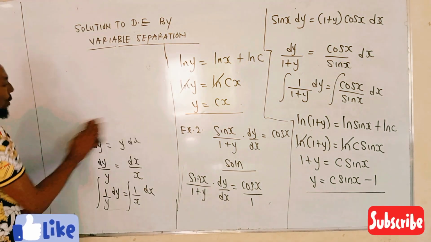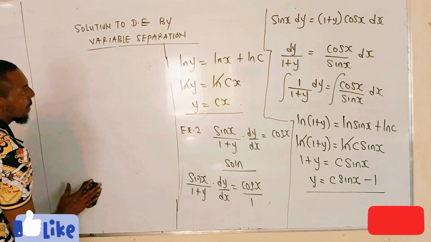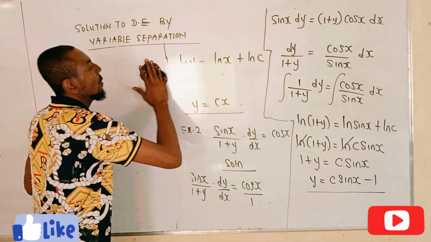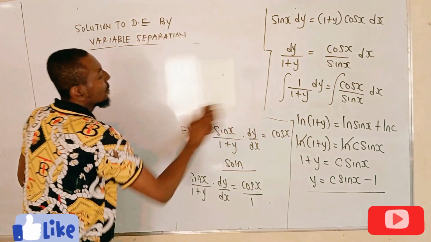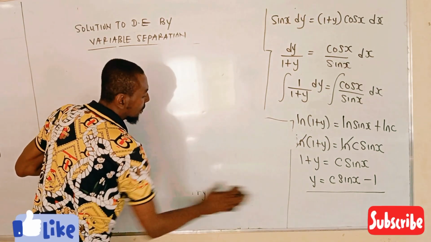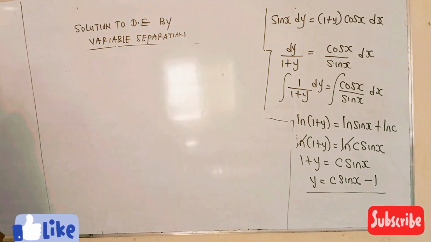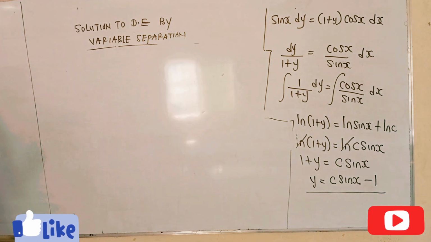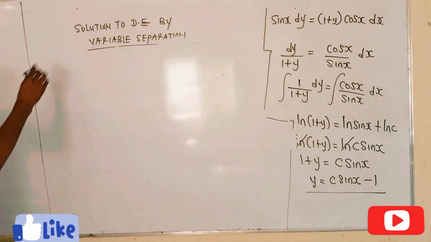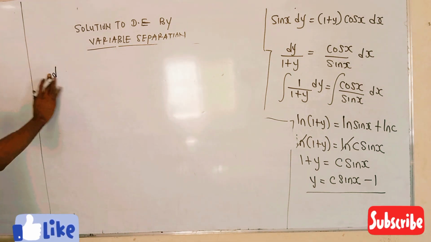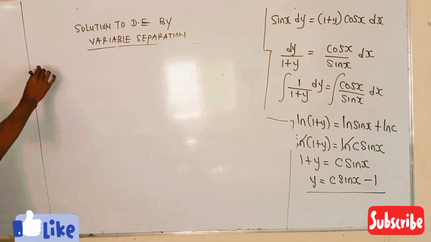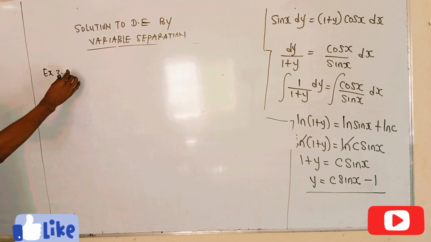Then the next example on the variable separable solution is example 3.